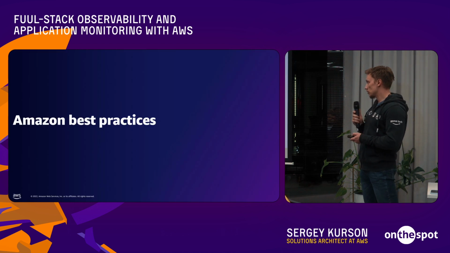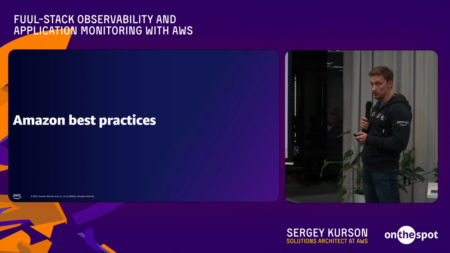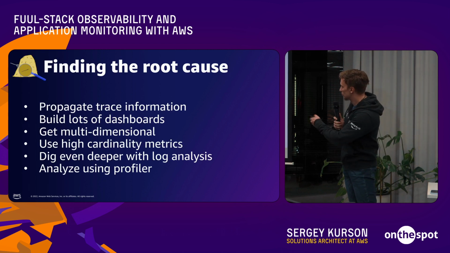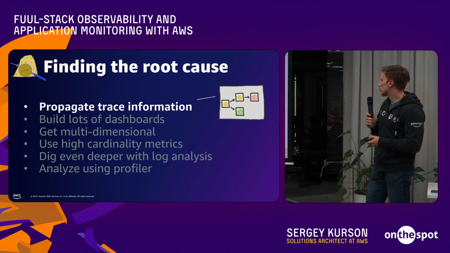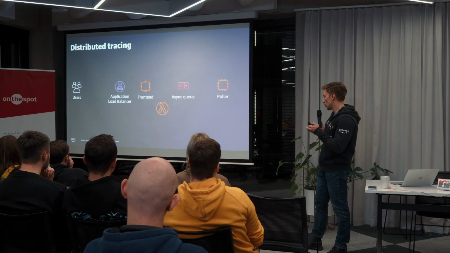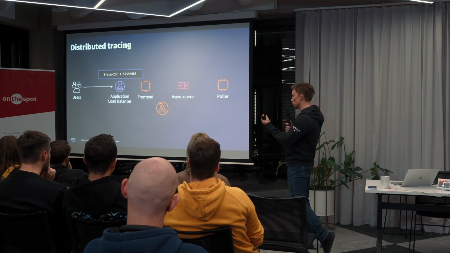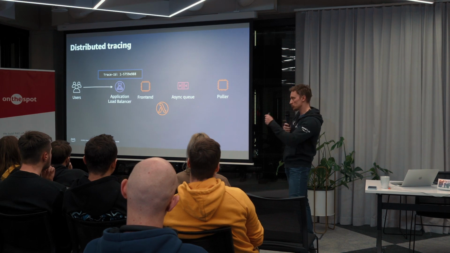So let's talk about the practices of how we build the whole thing, starting with traces. So again, what is tracing? Tracing is basically the way to attach a small piece of information to the request which passes through your system.